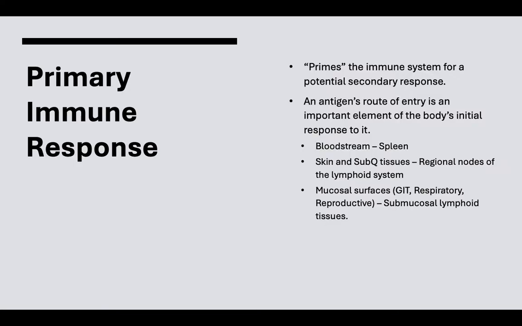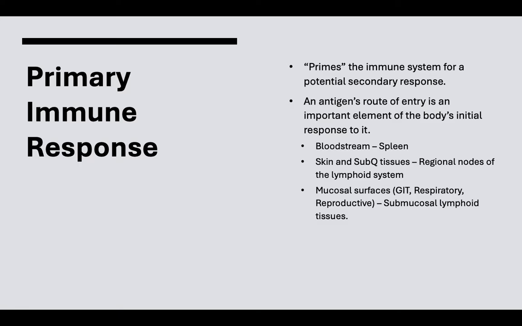Okay? So, now we will discuss first the molecular events in the primary immune response, so we can further appreciate how the secondary immune response is capable of carrying out yung faster rates of immune clearance.